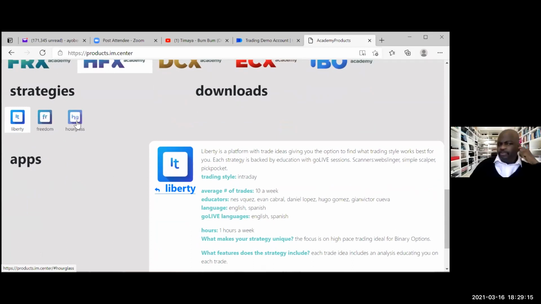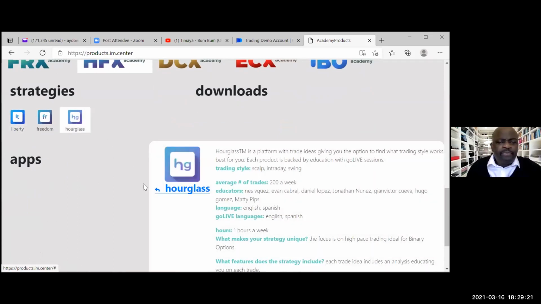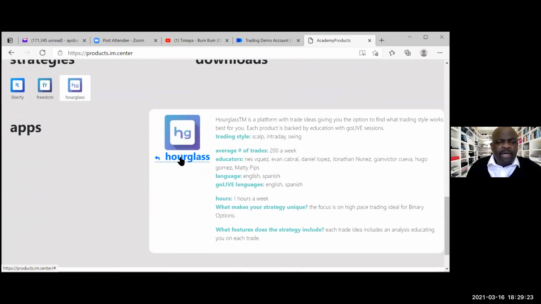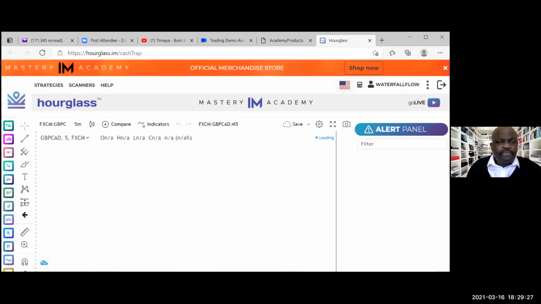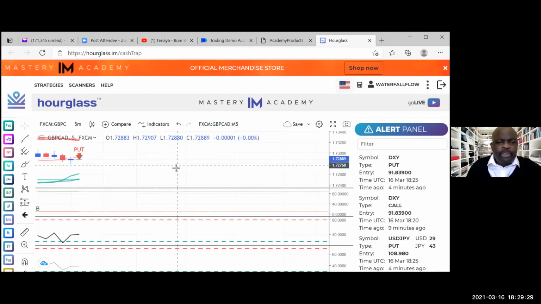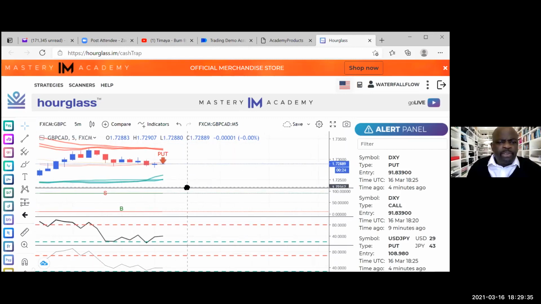You have Hourglass. So I want to share Hourglass. Hourglass is where we have Cash Trap. So this is how simple it is to place a trade.